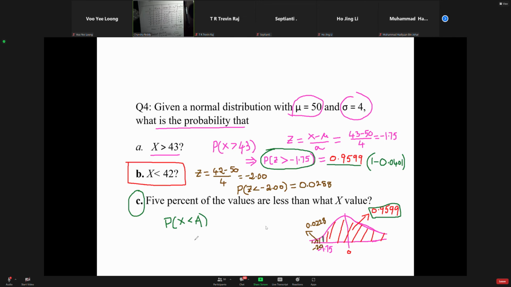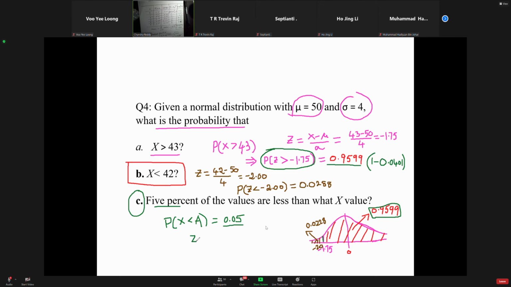All right, so the next part is the probability of X less than value A. You need to find out the X value. The probability given is 0.05. 5% means 0.05. So what is the Z value for 0.05?